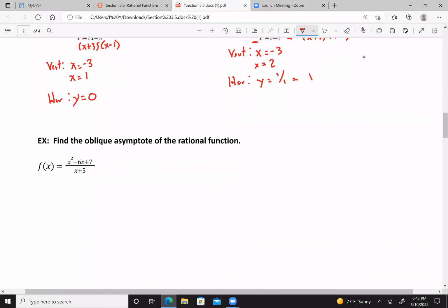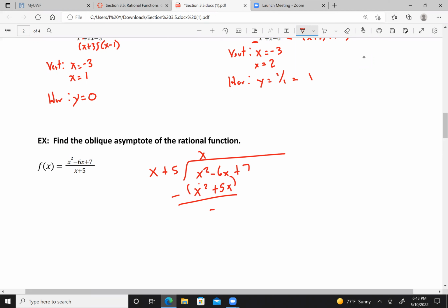Okay, now we find the oblique asymptote. It doesn't care about the others, just wants the oblique. So do our division. x plus 5 goes into x squared minus 6x plus 7. So x goes into x squared, we have x. x gives me x squared plus 5x.